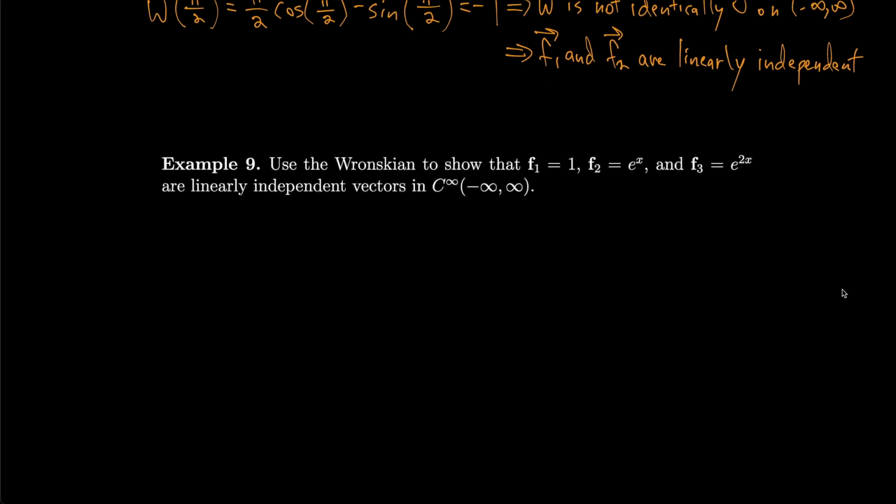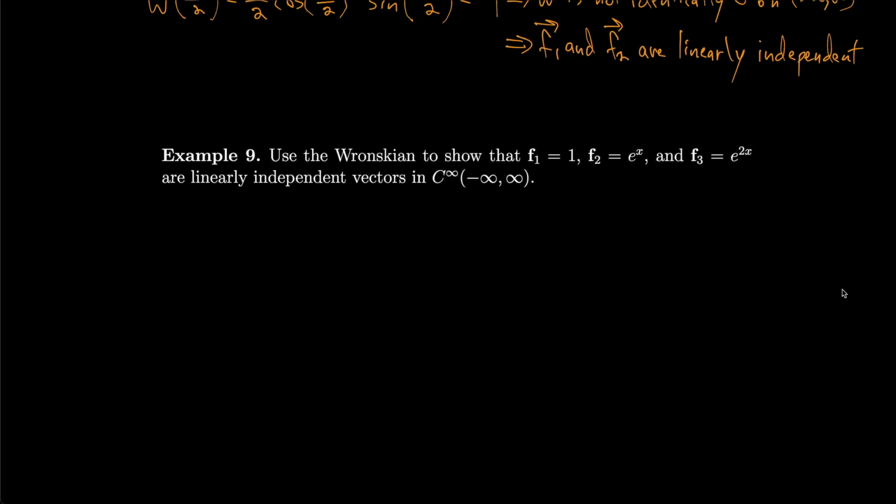How about we now use the Wronskian to show that f1 equals 1, f2 equals e to the x, and f3 equals e to the 2x are linearly independent vectors in C infinity. Okay, so again, we'll take the Wronskian, but in this case we have 3 functions, so we need a second derivative. So we'll start by writing 1, e to the x, e to the 2x.